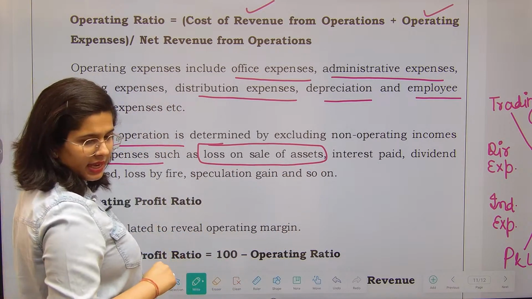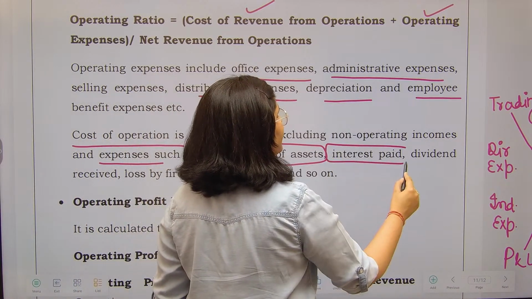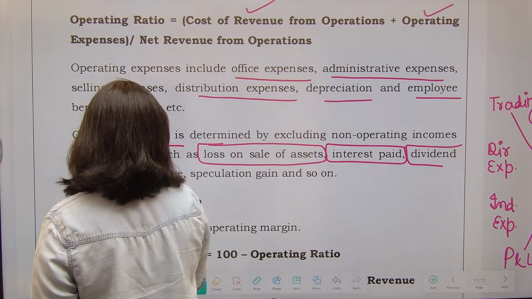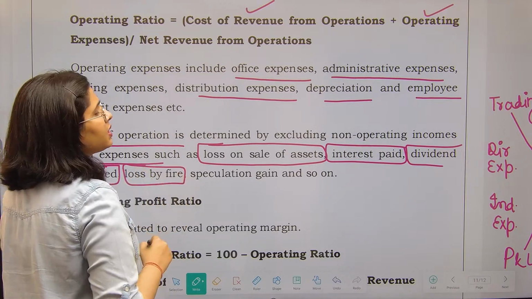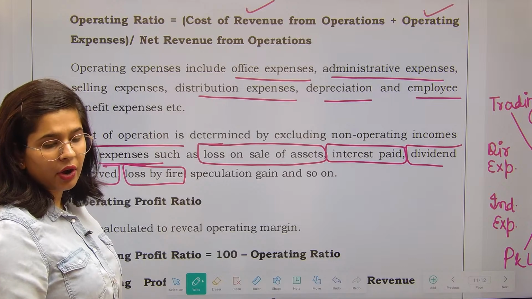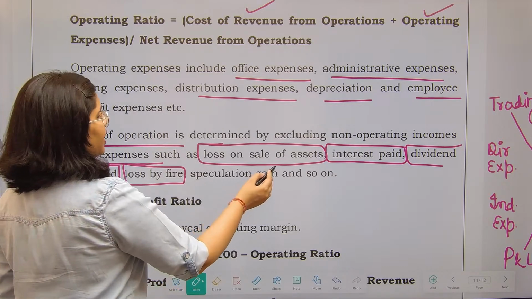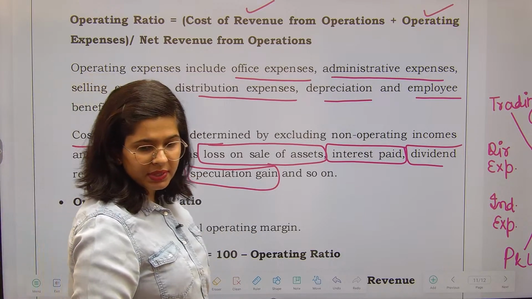This is an investing kind of thing. Fine. Interest paid, this is a financing thing. Dividend received, again an investing thing. Loss by fire, this is obviously operating related but an exceptional thing, right? After that, speculation gain. So such kind of things are not directly related to your business.